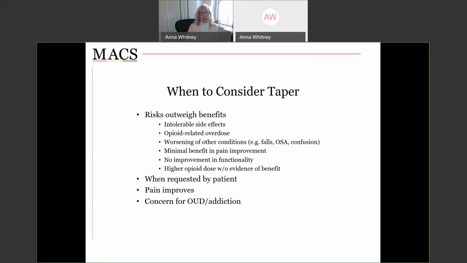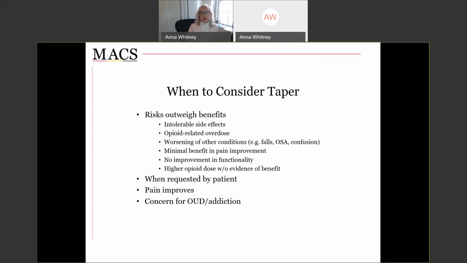But if the patient really is not benefiting much, minimal benefit in pain improvement and no improvement in functionality has been identified as less than 30% beneficial change on a pain scale such as the PEG, which is a 3-item, very brief, very easy to perform in the office tool that can assess how somebody's pain and functionality is improving in response to opioids.